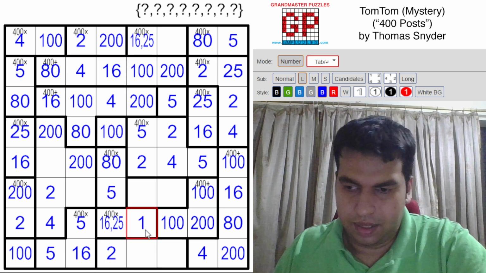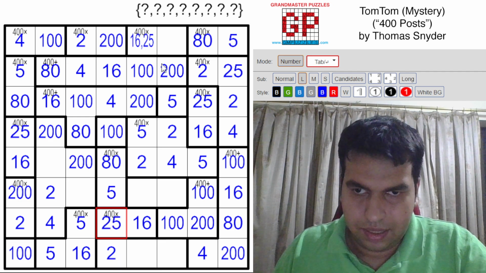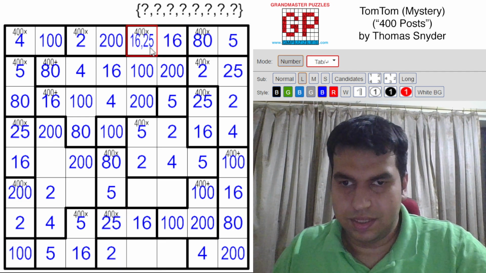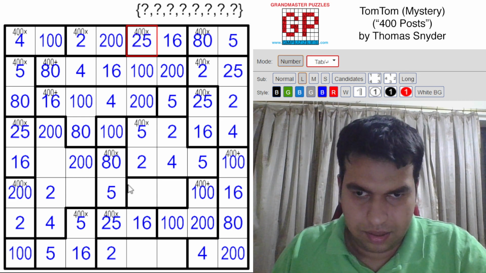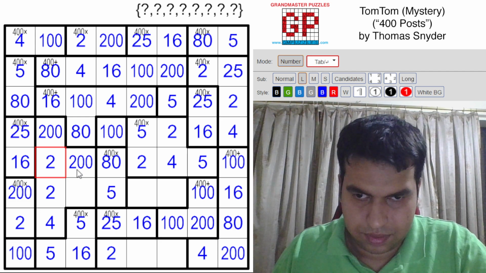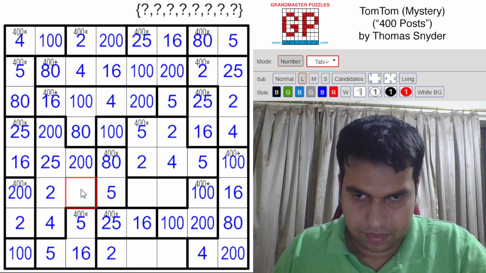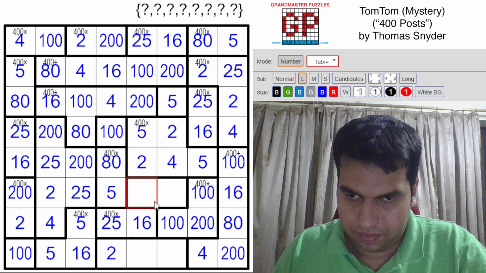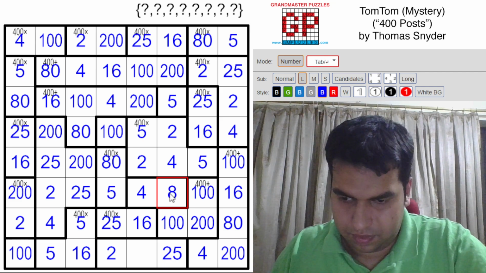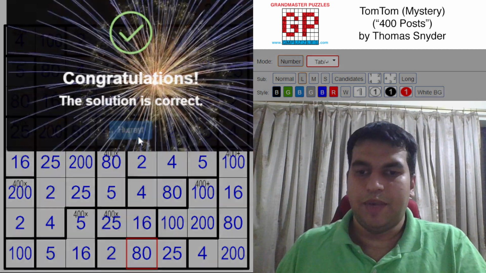And now we just kind of complete the Latin square element of this puzzle. It should be pretty easy to reach a solution from here. And the puzzle is solved.